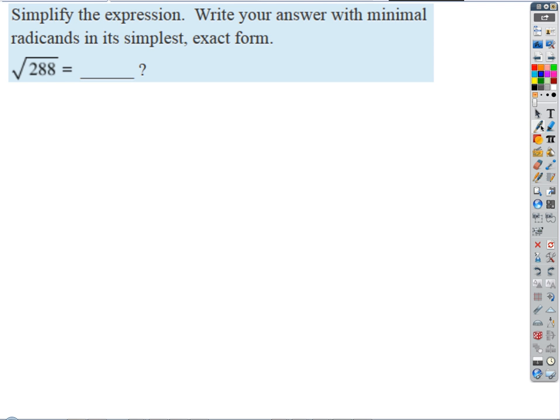So remember our rule: if the radicand is not a perfect square, we start our search at half of it and go down from there.